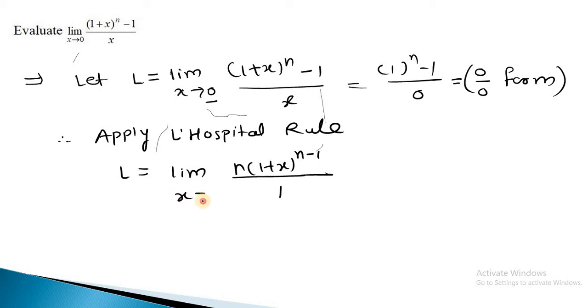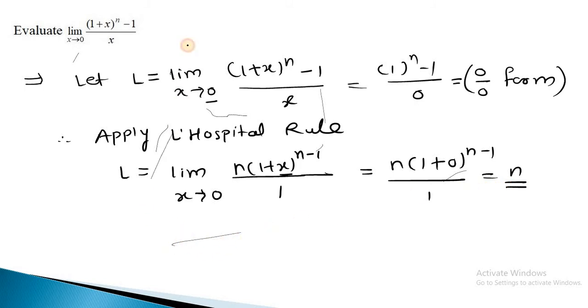And limit as x tends to 0. So substitute x is 0. So what do we get? n times (1 plus 0) raised to n minus 1 upon 1. 1 raised to anything is 1, into n. So the value of this limit L is n.